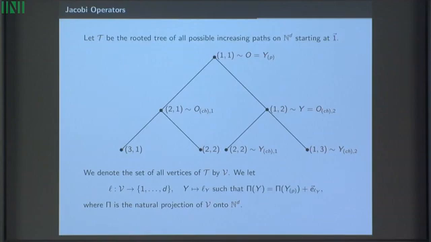Then you define a projection from that tree onto the lattice that I'm going to call pi in the following way. The root corresponds to (1,1). Then if you move along the left edge, you increase the first index by 1. If you move along the right edge, you increase the second index by 1. And you keep on going this way. So you can see now there are 2 vertices corresponding to the point (2,2) on the lattice.